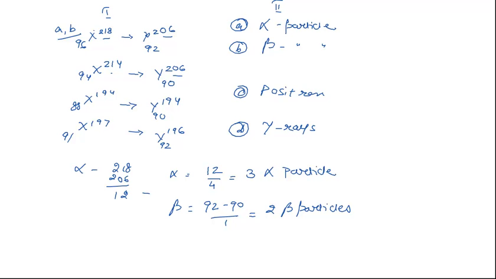Again, there will be alpha, beta, and there will be a few gamma emissions also. In the second case also there will be alpha, beta and gamma. That is the D option.